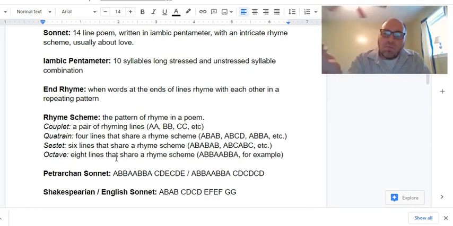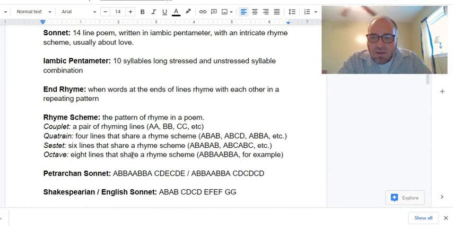Now, when we're dealing with sonnets, remember that sonnets add up to 14 lines. And so sonnets are usually composed of rhyming elements. The easiest one that you can find is a couplet, which is a pair of rhyming lines. A, A, B, B, C, C. We saw this in Chaucer. The Canterbury Tales was written primarily in couplets. Then we have quatrains, which is a 4-line rhyming group, 4 lines that share a rhyme scheme.